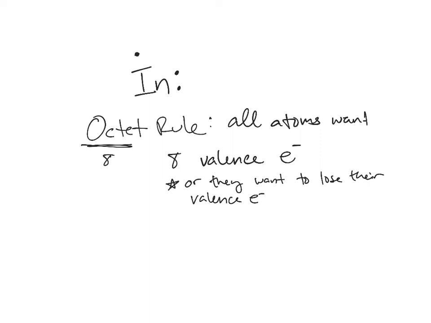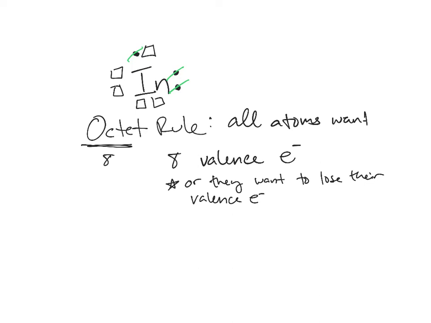So we've got indium here. It's got 3 valence electrons and it wants 8. So I'm going to draw empty spots for all of its extras that it wants. It's got 3. It needs to go find 5. Now, it's going to be a lot harder for indium to find 5 electrons than to find places for 3 of its electrons to go. So instead of finding a bunch of other electrons, indium's going to get rid of its electrons.